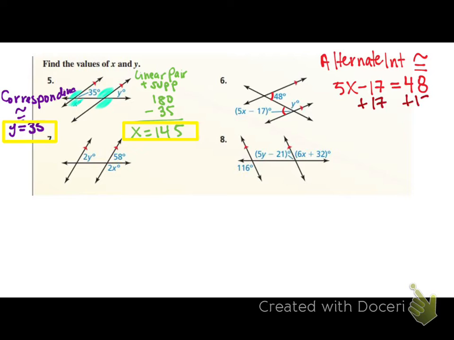Add 17. We added 17. What is 48 plus 17? It is 65. And then divide by 5. 13.